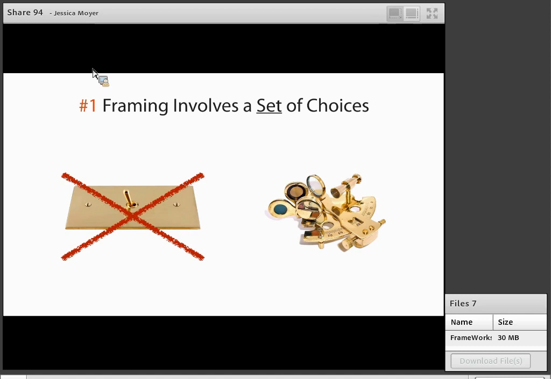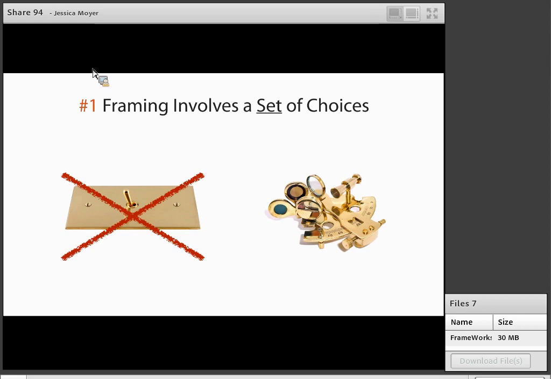All of this has to do with the presentation of the content. And so we say it's not similar to flipping a switch. It's not either you are framing or you're not framing. Everything is framed. You're framing all the time, whether you are aware of the choices that you're making in how you frame your communication or not.